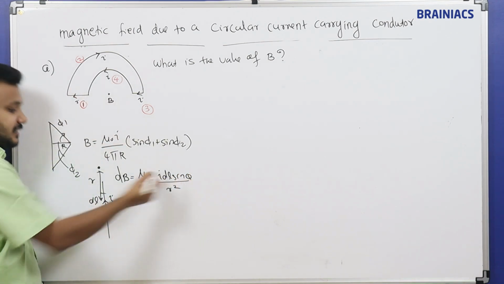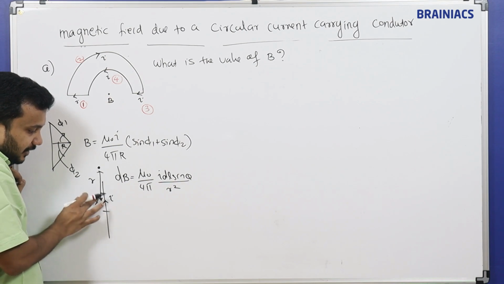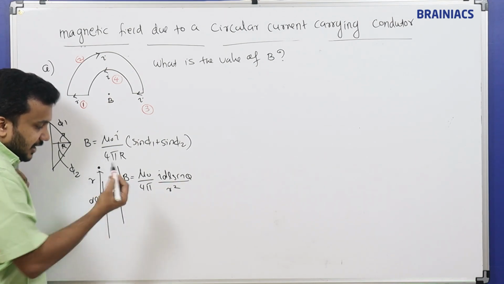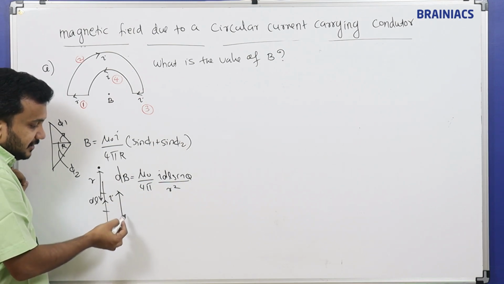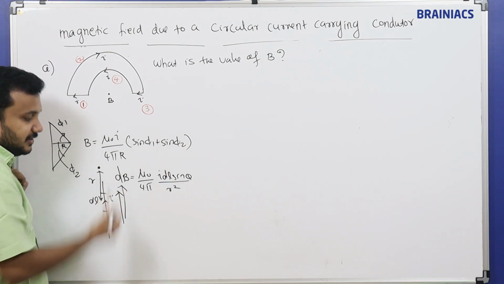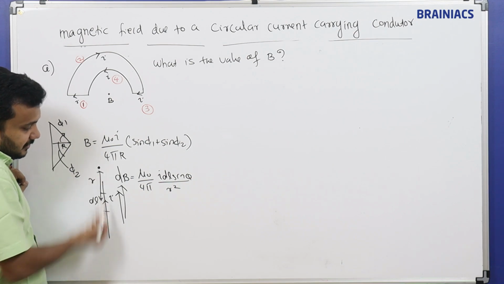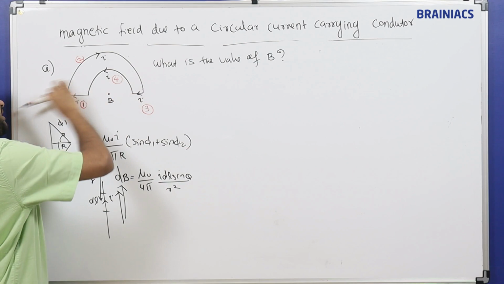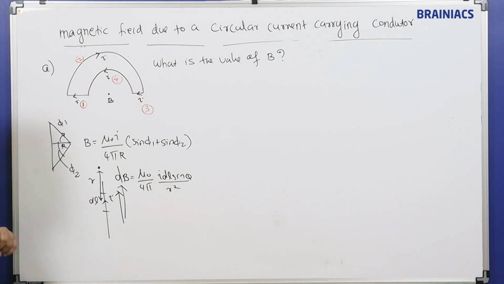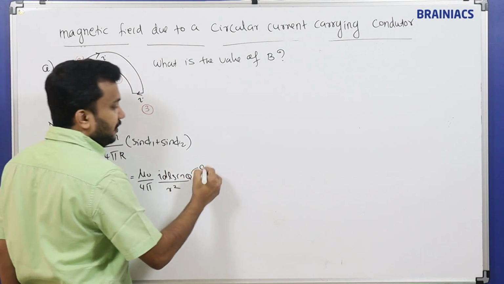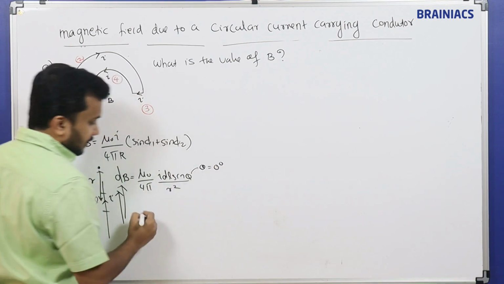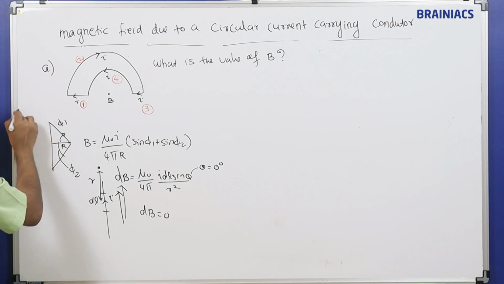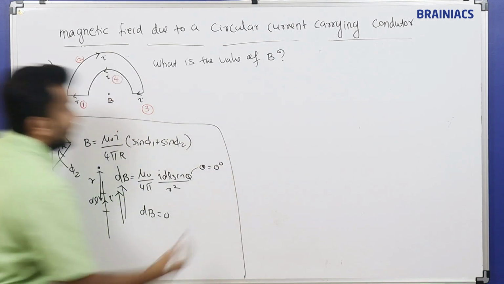Sin theta is the angle between I dl and r. I dl is in this direction, and r is the distance measured from here, which is also in the same direction. If it is in the same direction, theta equals 0 degrees, so the magnetic field is also equal to 0. This is a concept we have learned.